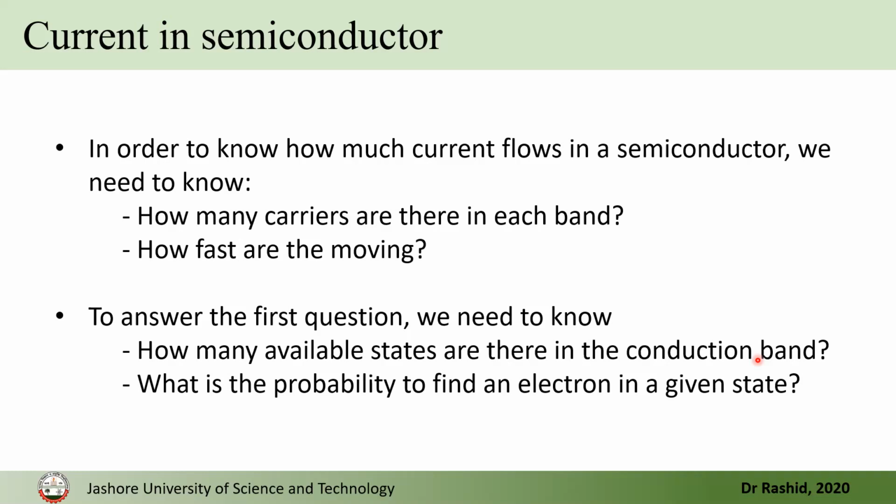Now as the temperature increases, electrons coming from the valence band tend to occupy some of the states in the conduction band. That's why we have to know the probability of each state in the conduction band being occupied by electrons, and also at the same time how many states or levels there are in the conduction band.